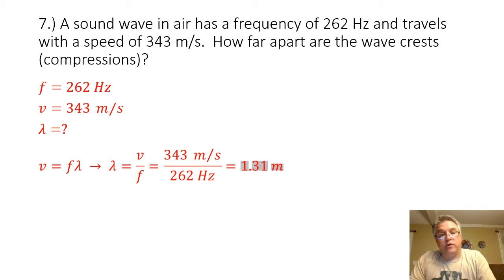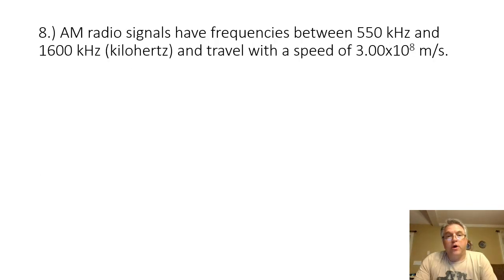In this case, we do want to solve for lambda, so solving for lambda will give me lambda equals v divided by f. I plug in my known values for the velocity and the frequency, and that will give me a wavelength of 1.31 meters.